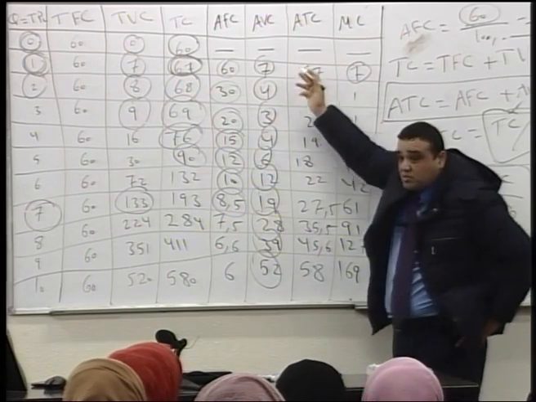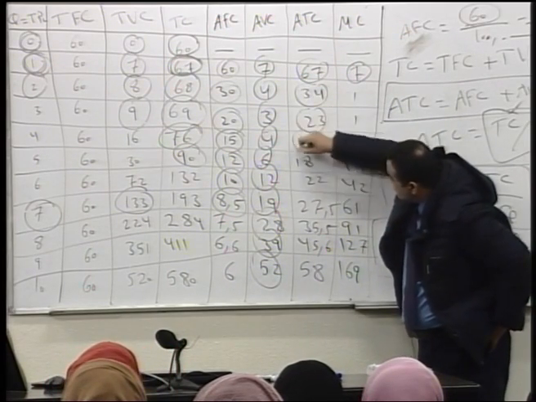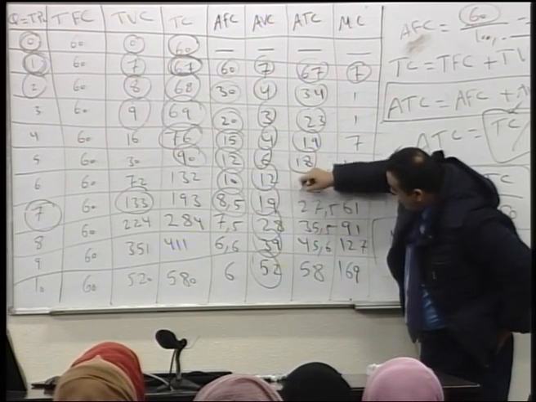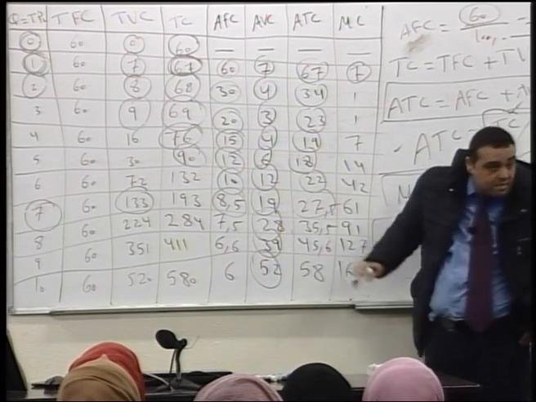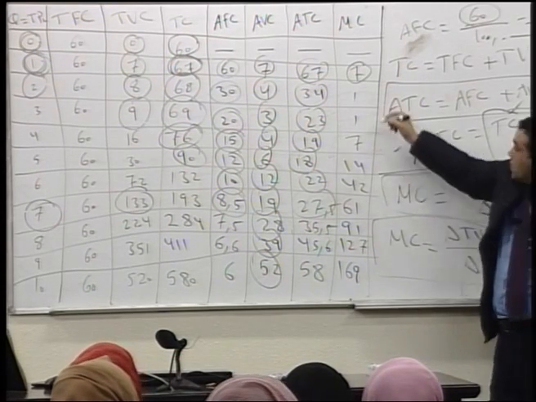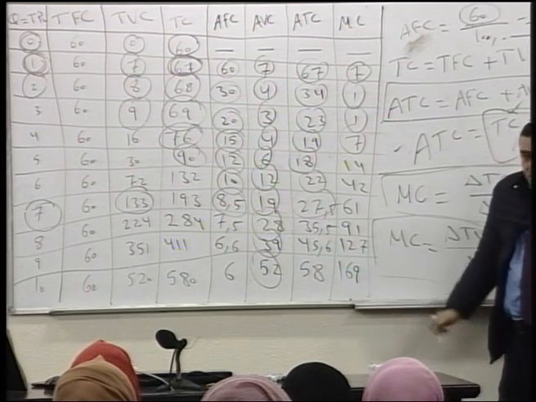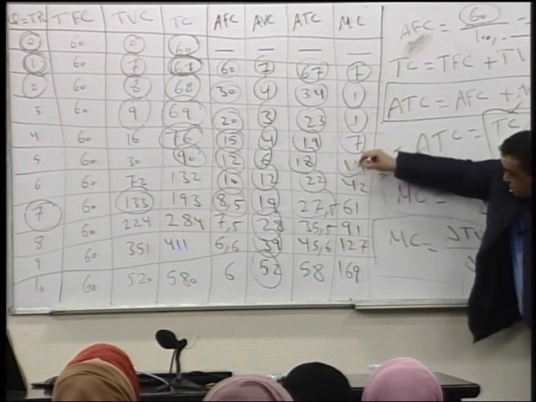What about the average total cost? Declines and then goes up, right? The same as the marginal cost. Goes down here and starts to go up.